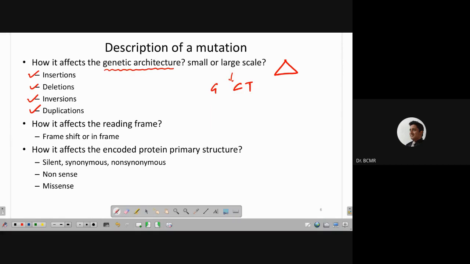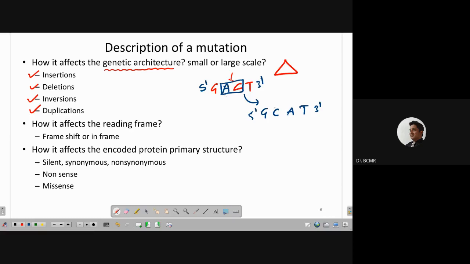But if you're talking about inversion, you should always remember 5' to 3', and in that sequence what happened was CAT. I'm writing all small sequences. Typically it would occur in large numbers. Here, just for understanding purposes, I have taken only 2 bases.